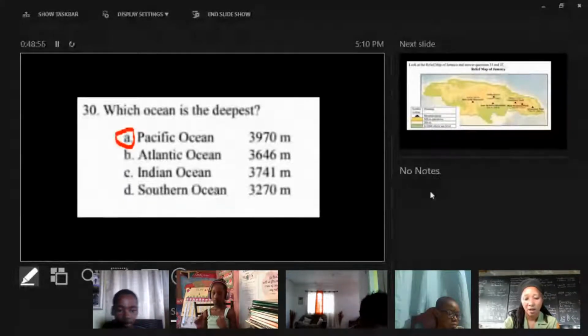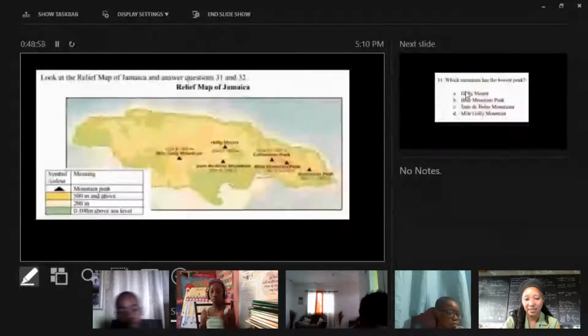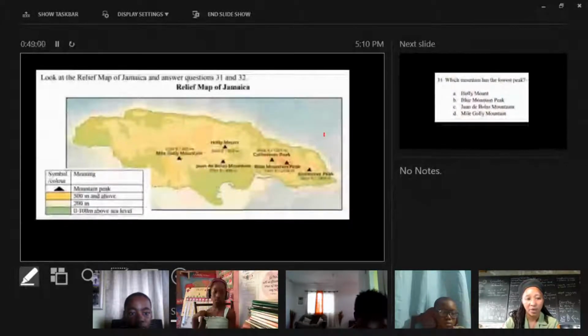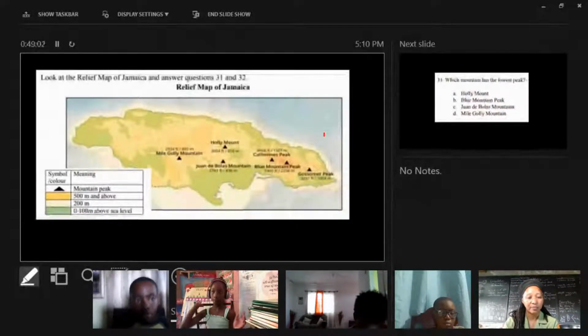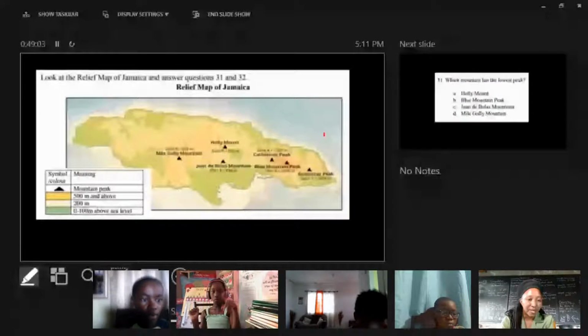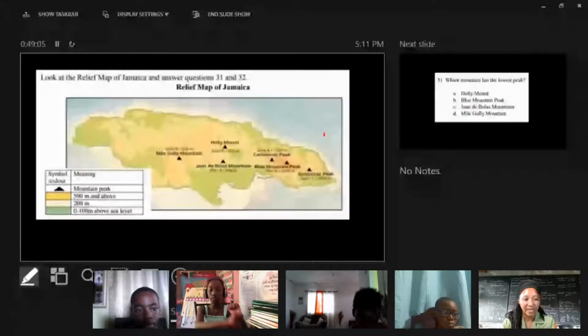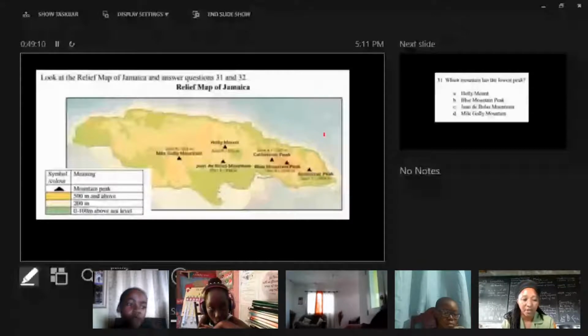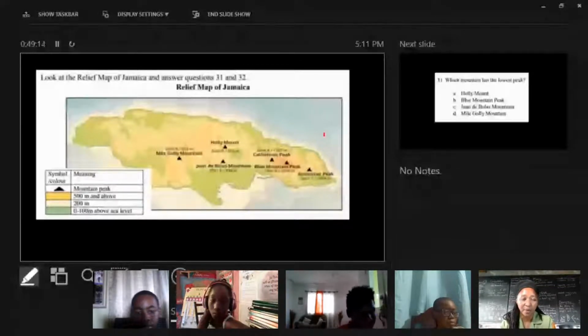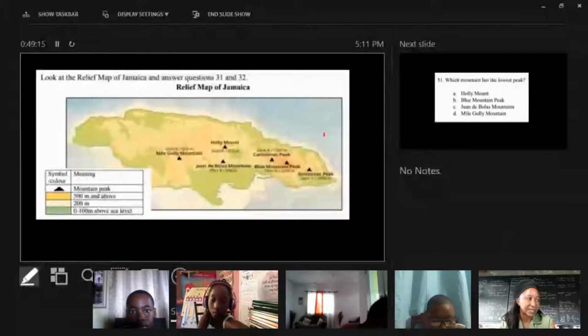All right, so let's continue. So we're at the map. We're asked to look at the relief map of Jamaica and answer questions 31 and 32. So our relief map shows the landforms, the mountains, the rivers, the lakes, the plains, and so on.